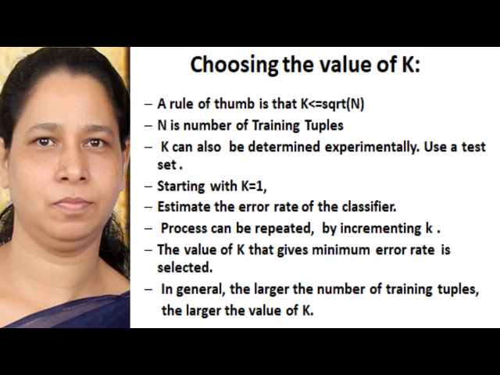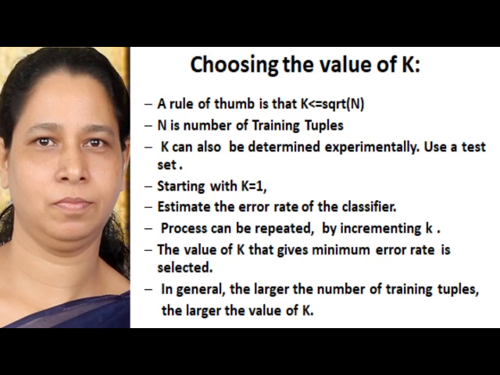KNN algorithm is sensitive to the value of k. A rule of thumb is that k is less than or equal to square root of n. N is the number of tuples in the training set. A good value of k can also be determined experimentally.